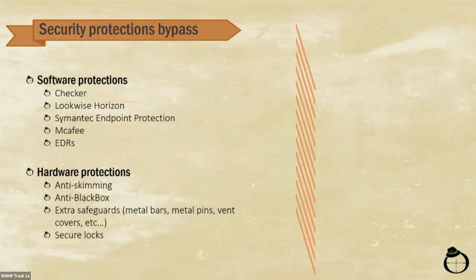Some of the security protections bypass that I have seen or have been able to do in software. Some of the most common software focused on ATMs are Checker, Lookwise Horizon, and we have also seen Symantec, McAfee, EDRs.